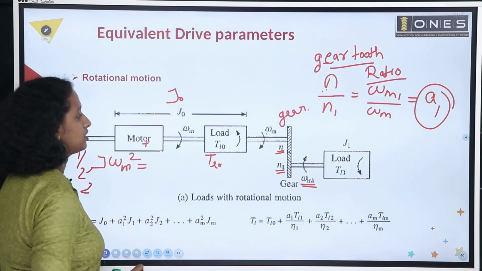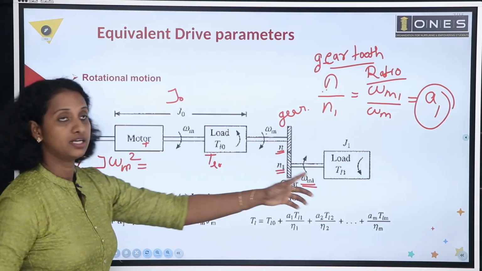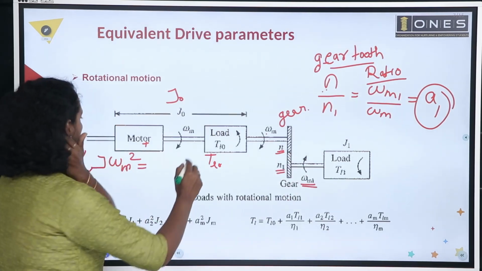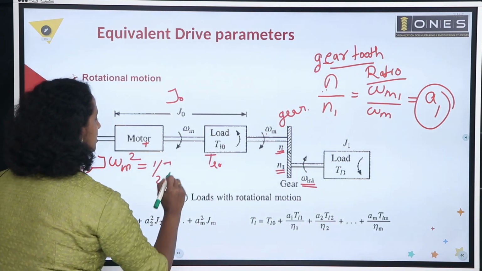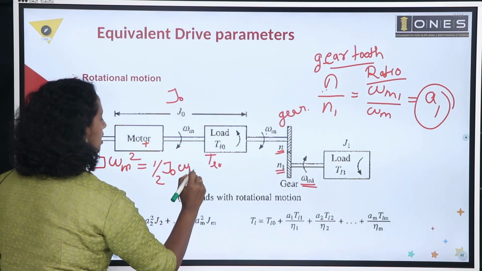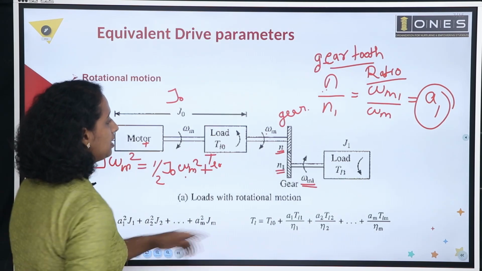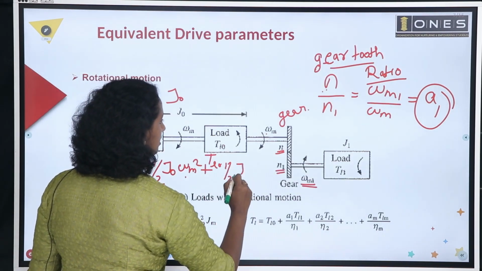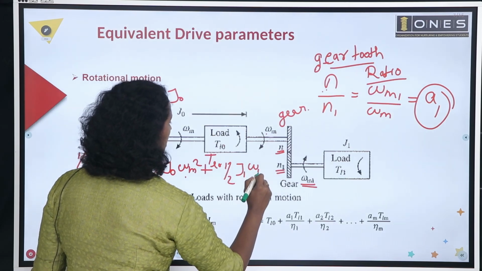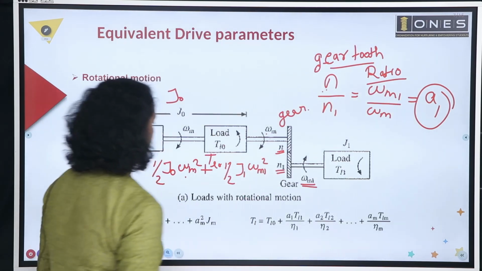And that is equal to the sum of the kinetic energy of various parts. Okay. So half J0 omega m square plus, in this part, half J1 omega m1 square.